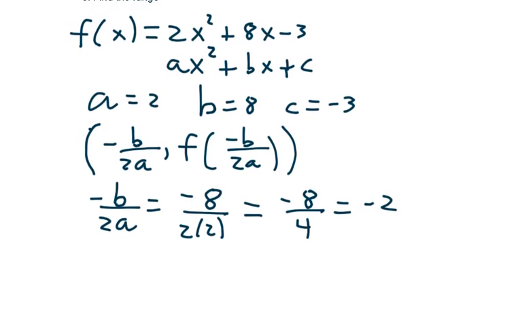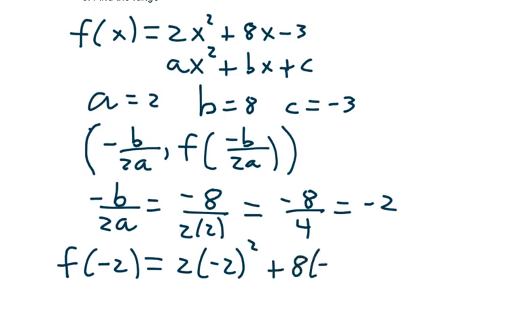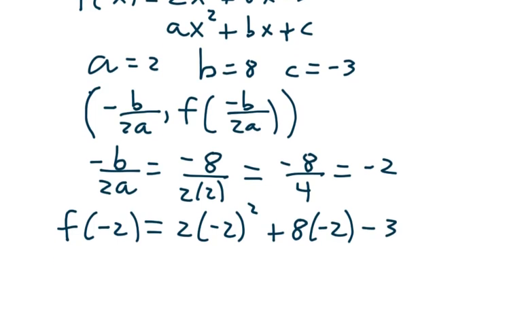All right, that's good. Now, to get the y-coordinate, we do f of negative 2. So we get 2 times negative 2 squared plus 8 times negative 2 minus 3.